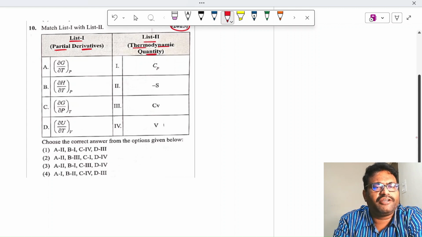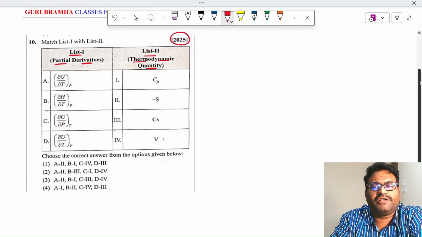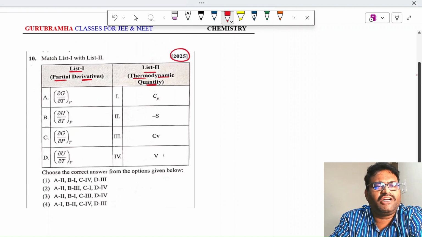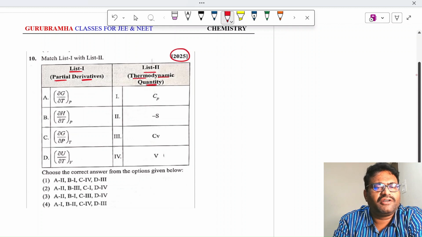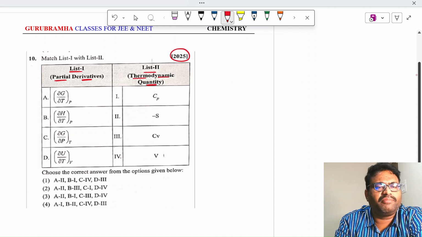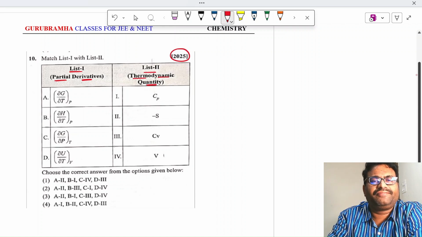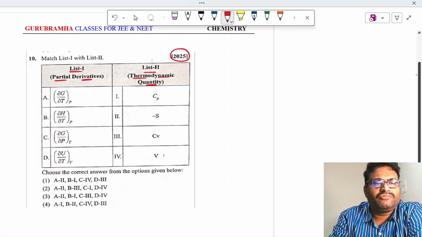So how to solve this? Let us see that. We are speaking about partial derivative of G by partial derivative of T at constant pressure. Here partial derivative of enthalpy by partial derivative of temperature at constant pressure. So in that way, these are given. How to solve this?